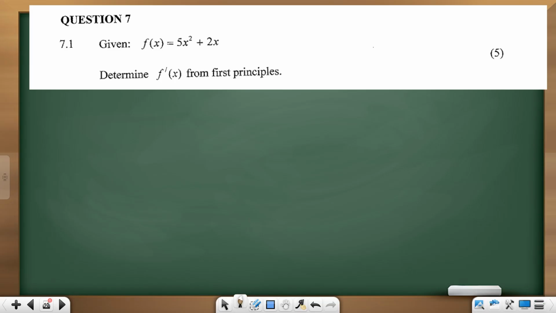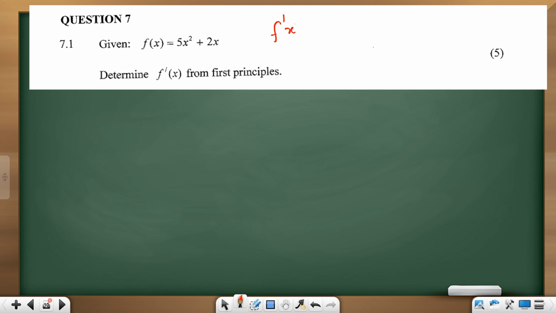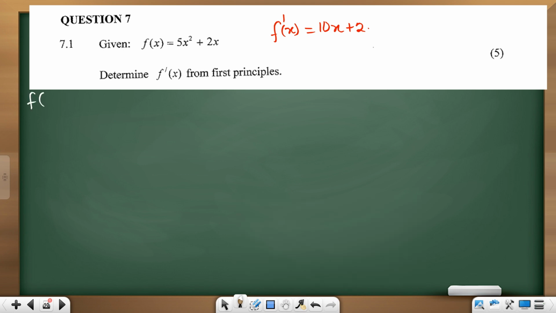Okay, what's my expectation? I'm expecting my answer, f prime of x, to be what? 10x plus what? 2. All right, I know the formula, so I'm going to start by using the formula. What is f of x plus h? It should be 5 into bracket x plus h, all squared, plus 2 into bracket x plus h.